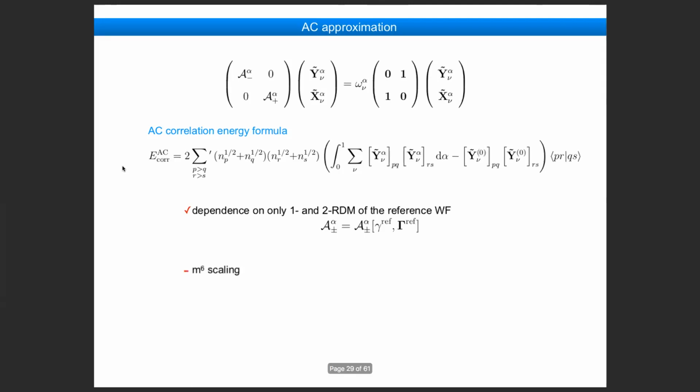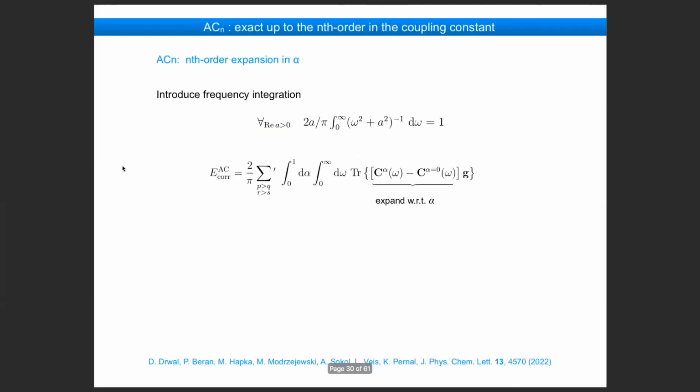But of course, as you could realize very quickly, RPA is quite expensive. It scales with the 6th power of the number of basis functions. So it's quite expensive. And we knew that in RPA there is a way around to lower the cost to n to 5, but it cannot be easily used for multi-reference, multi-configurational wave functions.